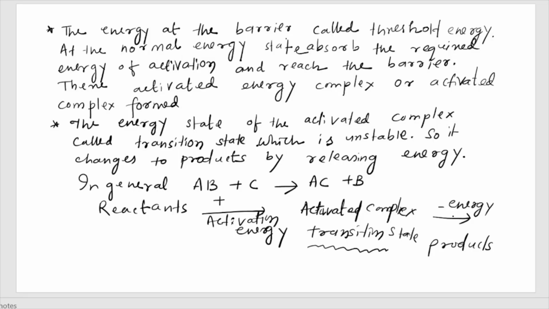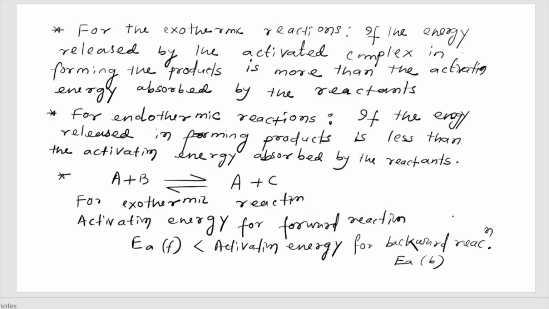If the reaction is AB plus C giving AC plus B, that is the product. When the product is formed, some energy is released. So for an exothermic reaction, what happens? The energy released by the activated complex in forming the product is more than the activation energy.